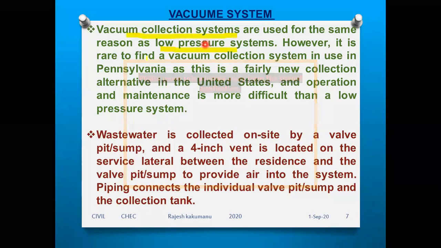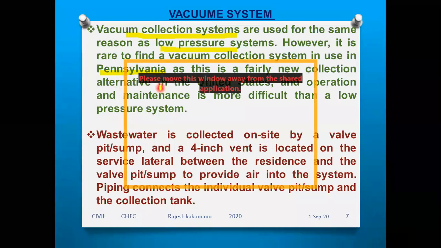However, it is rare to find a vacuum collection system in use, as this is a fairly new collection alternative in some areas, and operation and maintenance is more difficult than the low pressure system. So the vacuum system is generally not applicable in many areas.